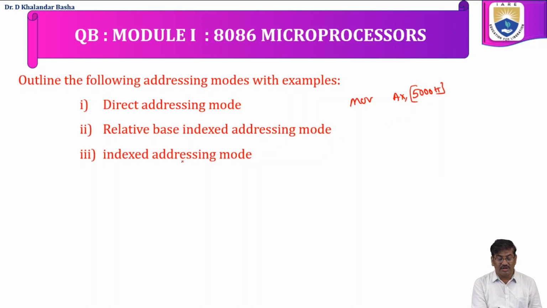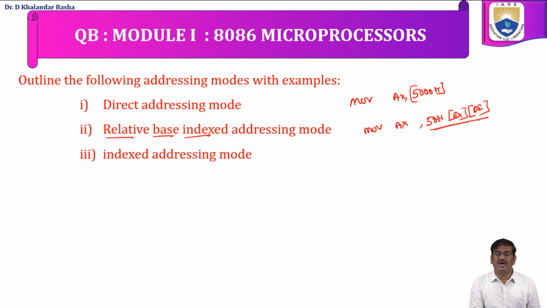Here a total of 3 offset values are there: one is the relative value, one is the base value and one is the index value. So 3 offset values like 50H, one offset value in the base register, another offset value in some index register. This we want to load to some register as well.